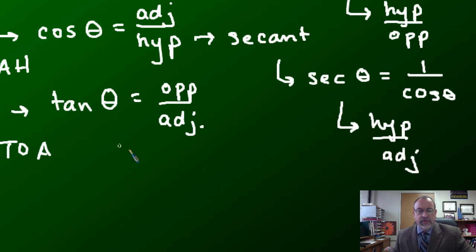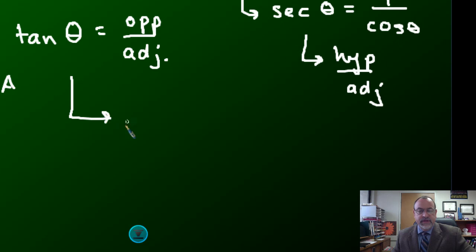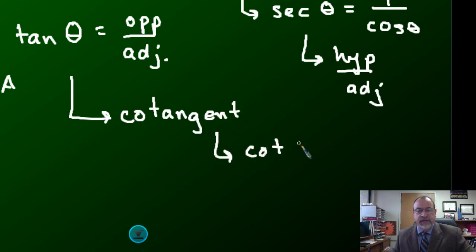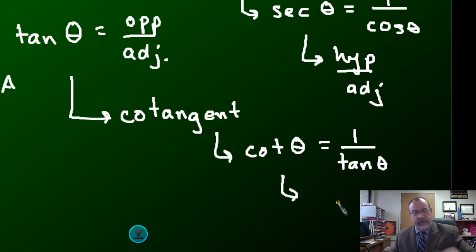And then, of course, the reciprocal of the tangent function is the cotangent function. And that's abbreviated COT. And again, it's the reciprocal of the tangent. And so what it does is it flips that tangent ratio over, so we're going to get adjacent over opposite.